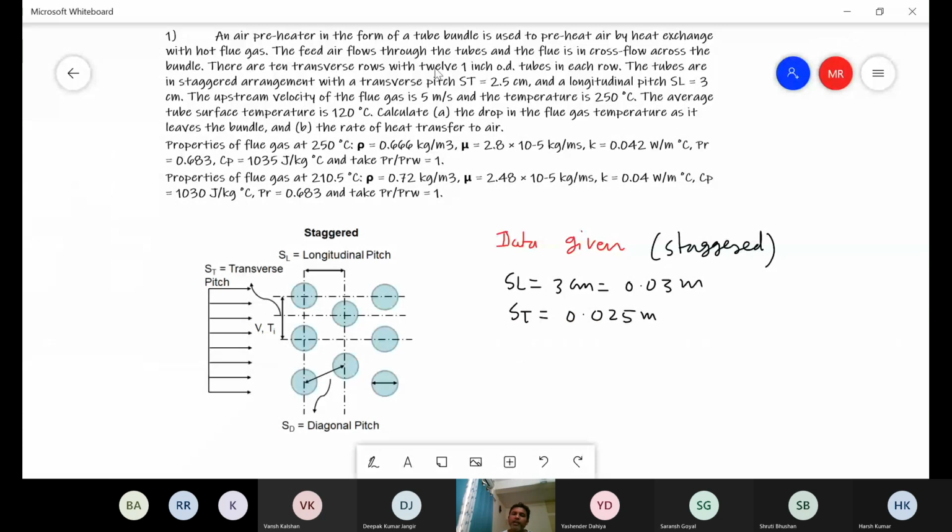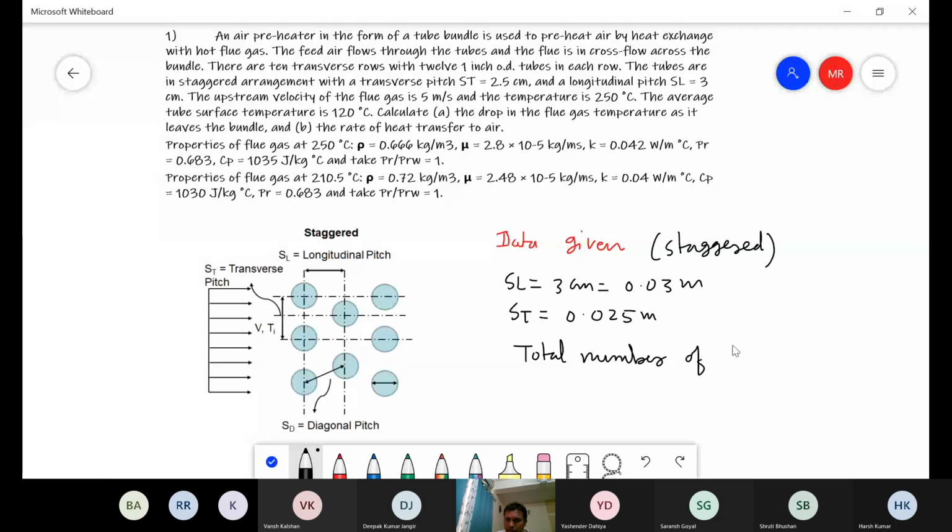Okay, so how many tubes are there? Total number of tubes are going to be 120, with outer diameter of each tube 1 inch.